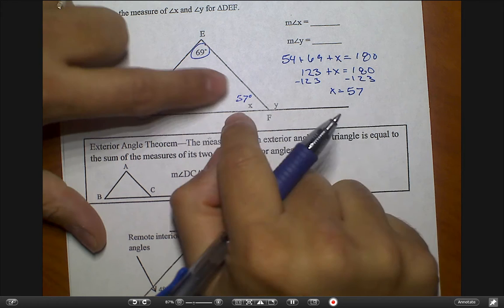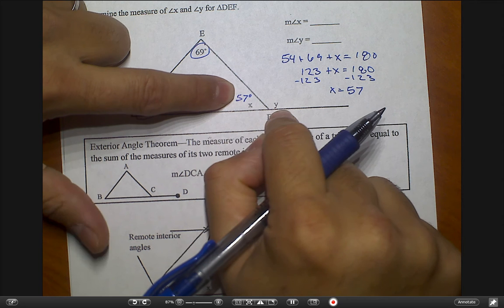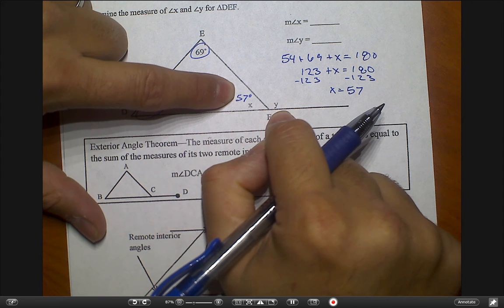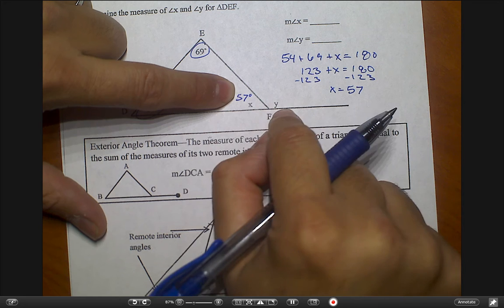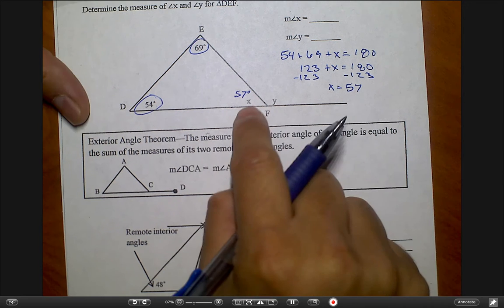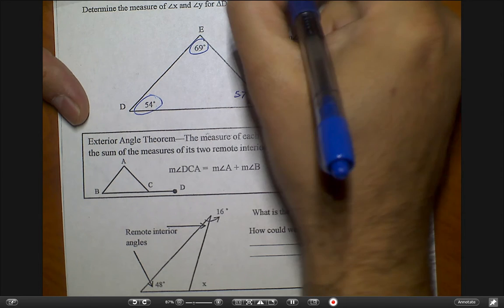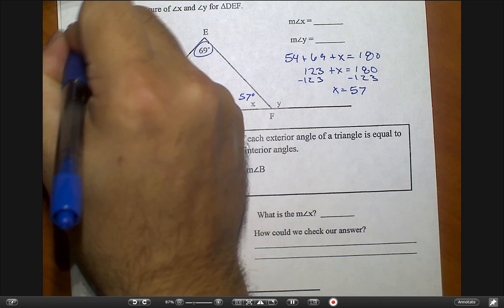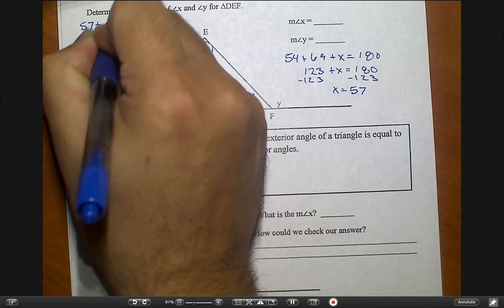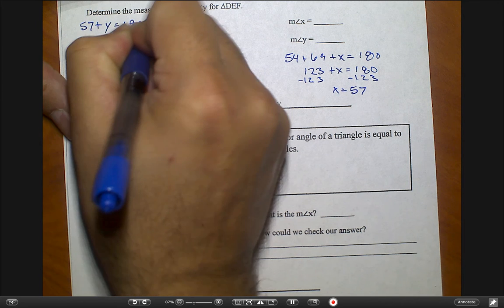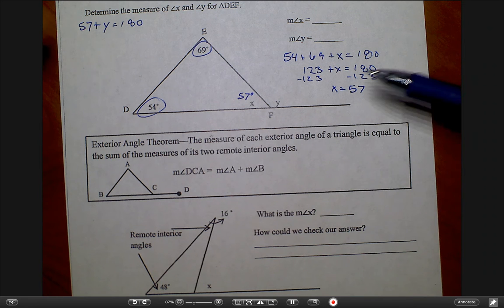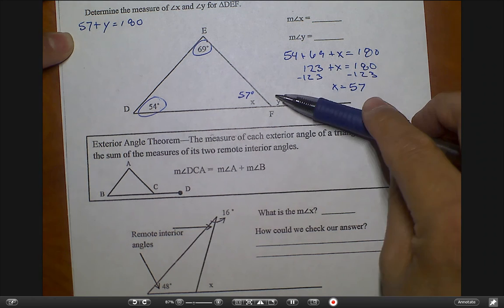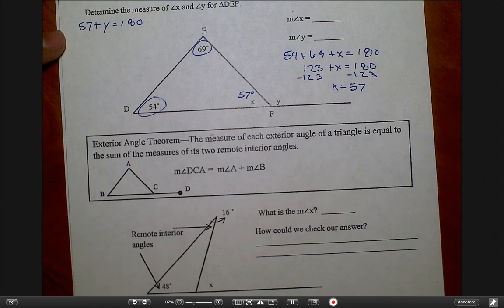Now, again, we said that x and y, being a straight line, have to add up to 180. So now I have 57 plus y equals 180. What do I do?